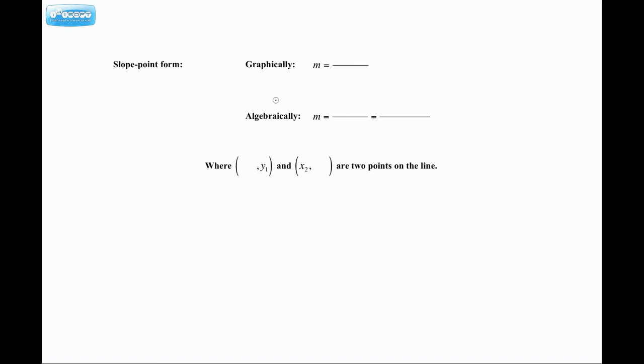Let's go back to what slope means. Okay, physically it's a rate of change. Graphically it was delta y over delta x, but I'm just going to write rise over run. So rise over run. And algebraically, that was your vertical change, so delta y, divided by your horizontal change, delta x.